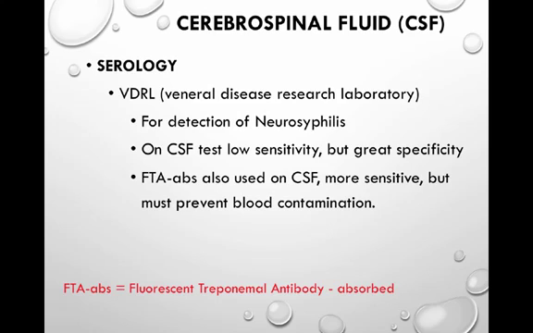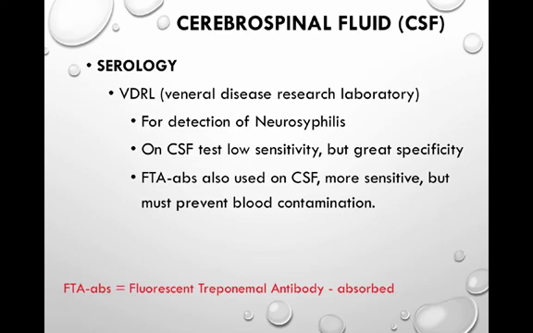Some other serological tests are for syphilis, and we find the FTA-ABS, which stands for fluorescent treponemal antibody absorbed, which is used to detect antibodies to Treponema pallidum. That's the organism that causes syphilis.